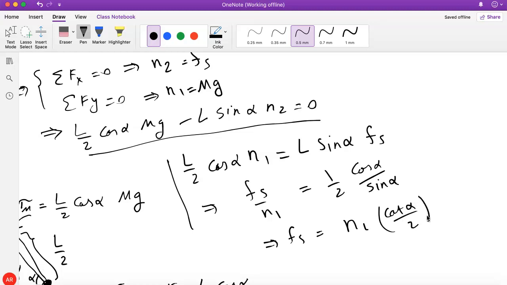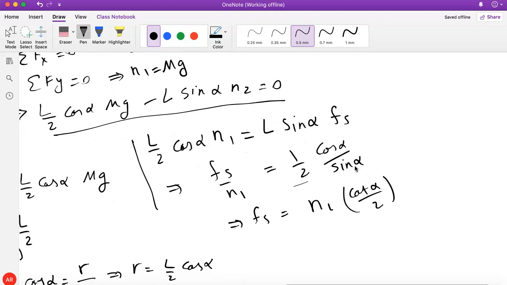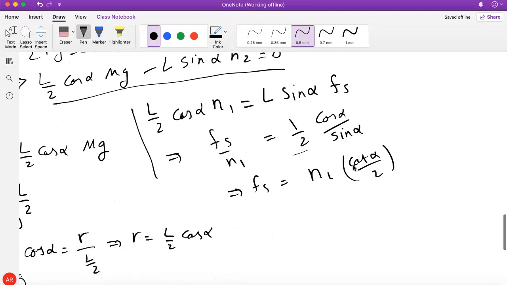And we know that for a given normal force, if there's no slipping, the maximum friction force that we can have is N1 times the coefficient of static friction. So in order to support this, we must have the minimum mu s equal to cotangent alpha over 2, right?